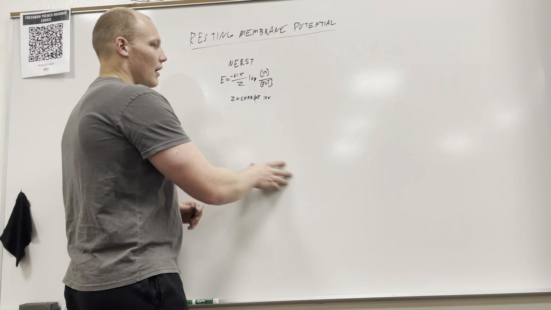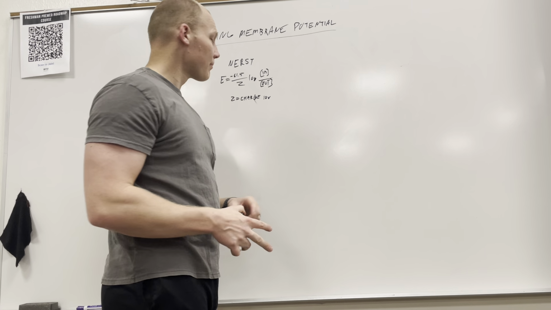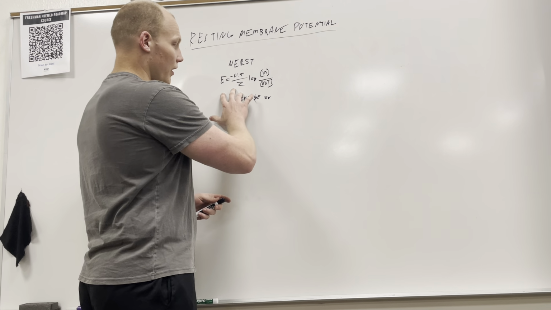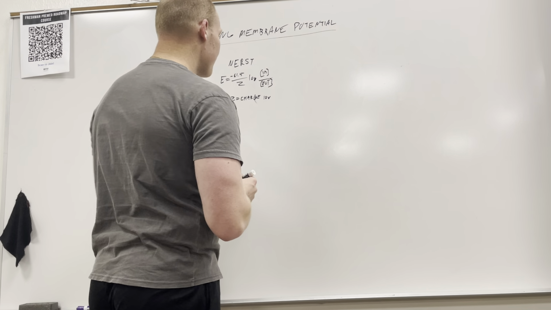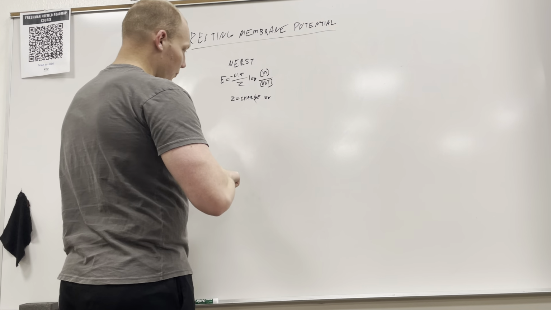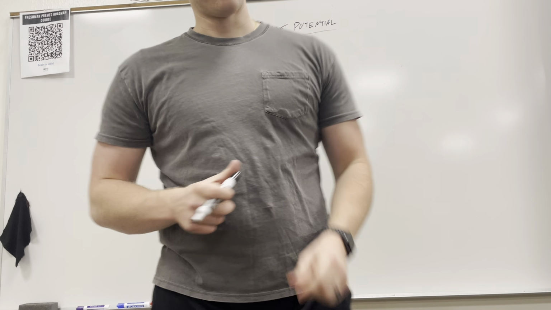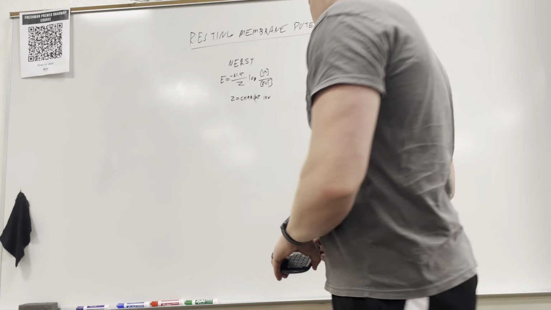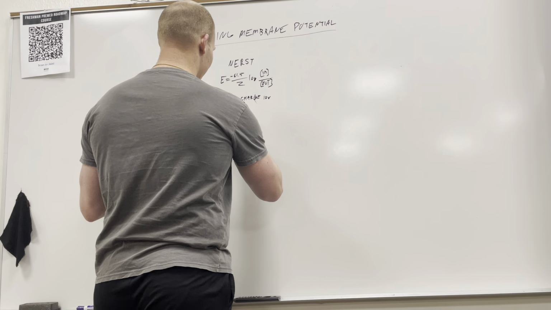So if we wanted to figure out if a cell was only permeable to sodium, we would use the Nernst equation to figure out what its resting membrane potential would be. So if we do this for something like potassium, let's just keep on the potassium train.